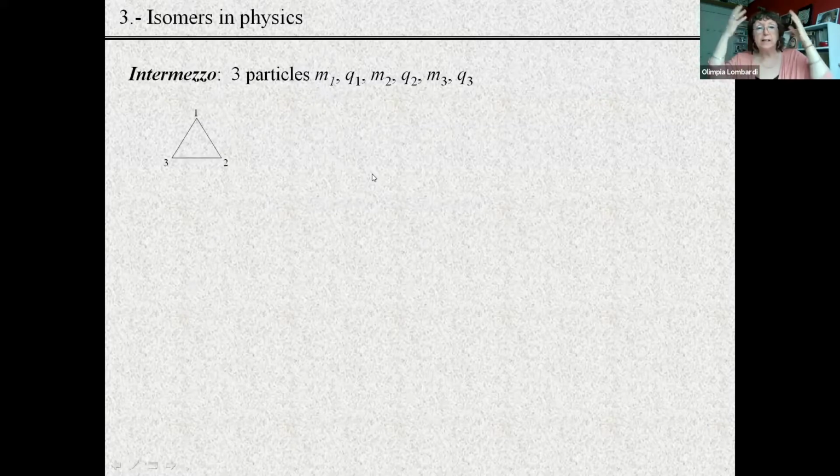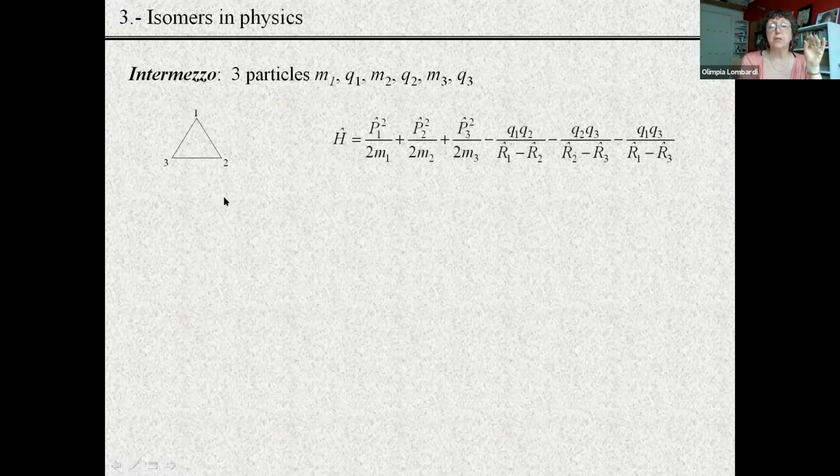If we think that the particles are in this spatial configuration, we imagine, because from the quantum viewpoint we cannot put the particles in definite positions, we have this Hamiltonian that only depends on the difference of the operator positions of the three particles.